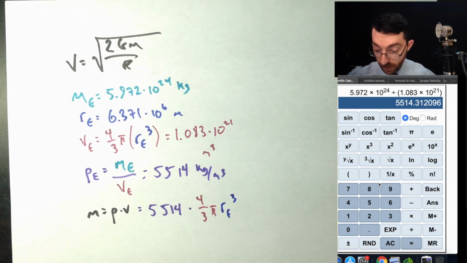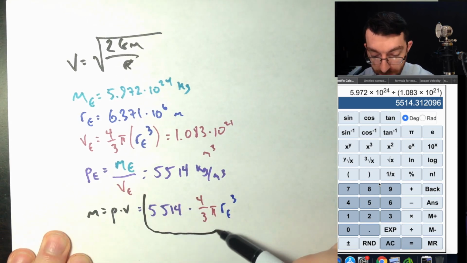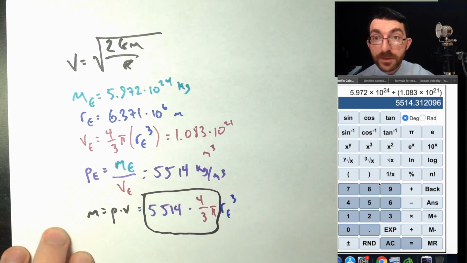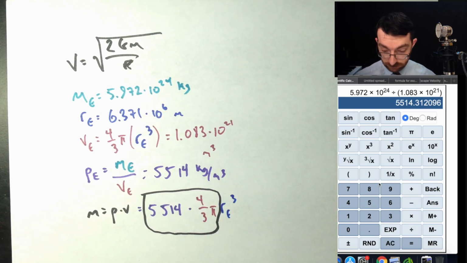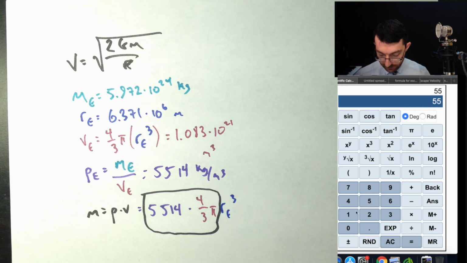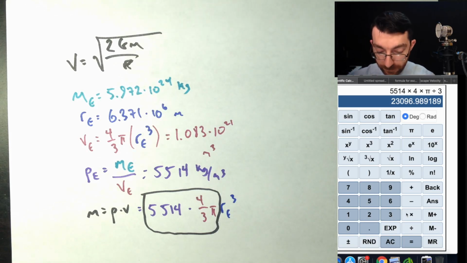Alright, so the beauty of all this is that all of this is just one big constant, which I can simplify in the calculator. So let's do that. 5,514 times 4 times pi divided by 3. 23,096.